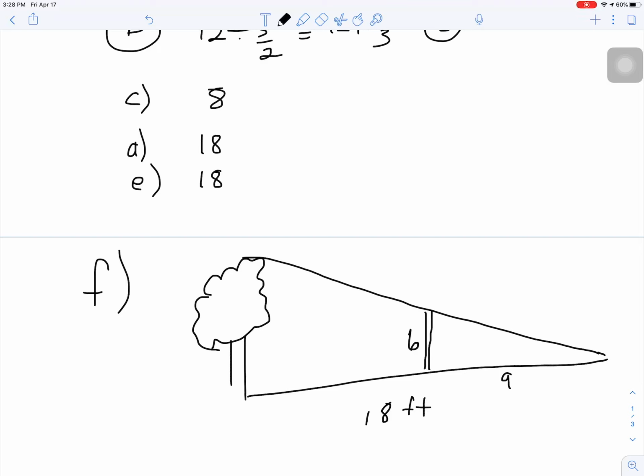So you can see that we have some numbers, and it's saying, how can we figure out how tall the tree is, right?